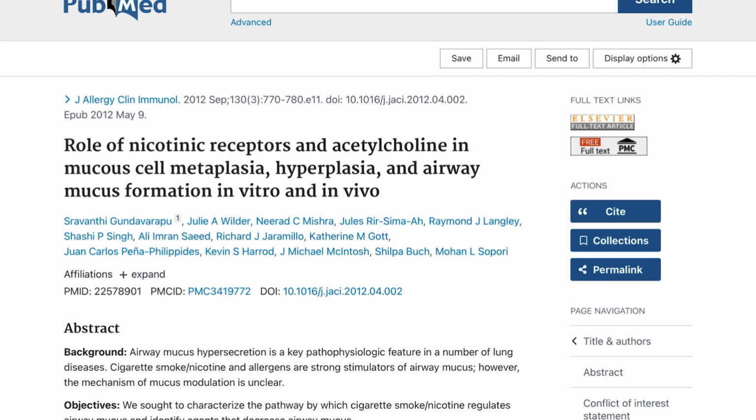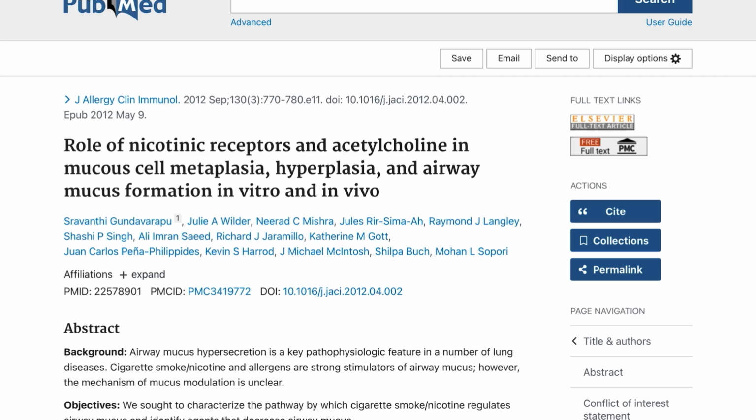In inflammatory diseases, the expression of this alpha 7 nicotinic receptor increases in the mucus cell, and then the mucus cell undergoes hyperplasia, and further there is upregulation of MUC5AC, the mucin producing gene. The upregulation of that gene can increase mucus formation.